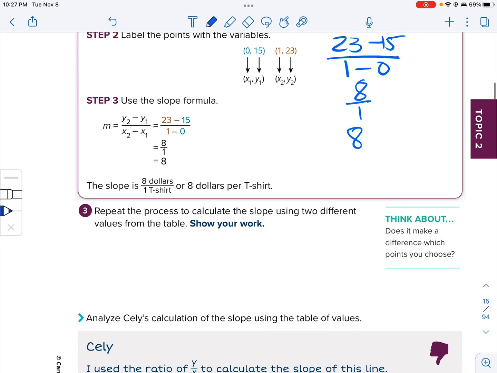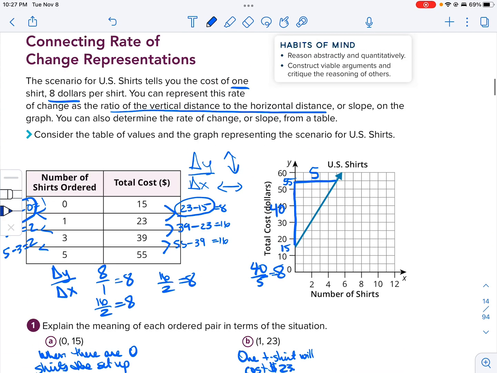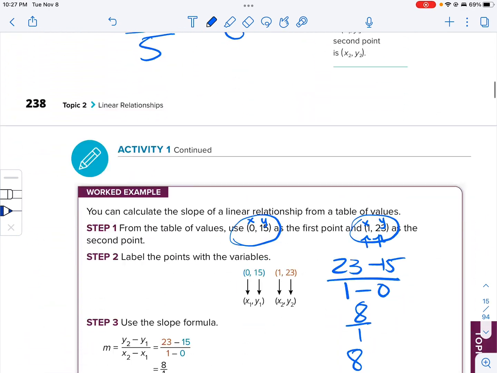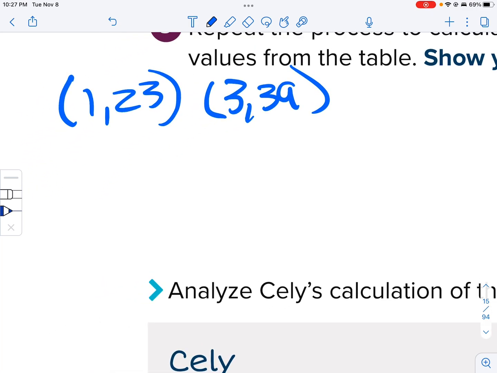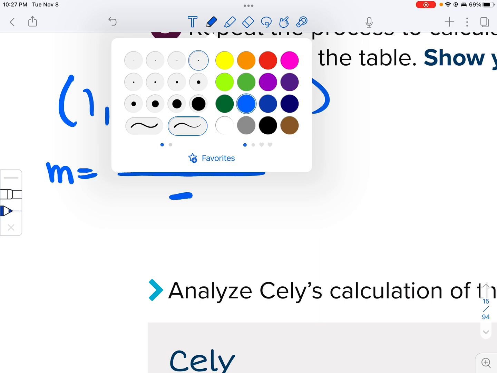Okay, so we're going to do that with 1, 23 and what was the next one? 3, 39. So we really already did it, but we're going to look at it like this. I'm going to find my slope by subtracting my y values and subtracting my x values. I'm going to change the colors.